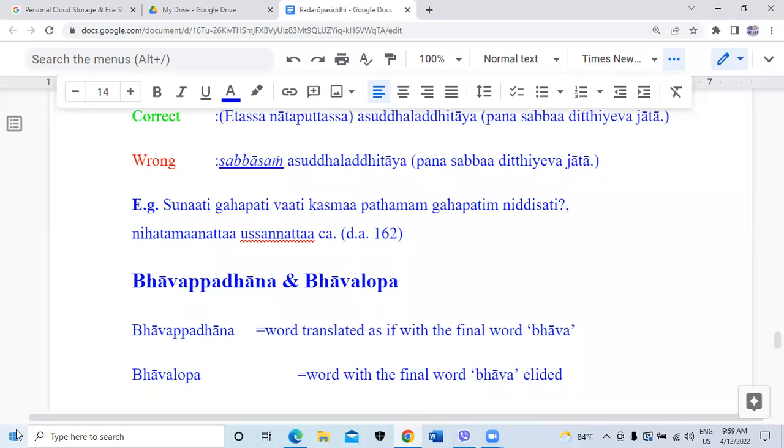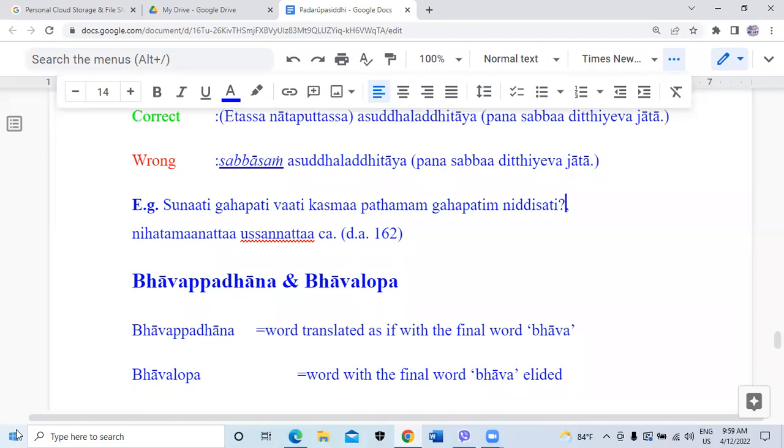This is explained in Khattiya, Brahmana, and the Hina Chacha Kula.